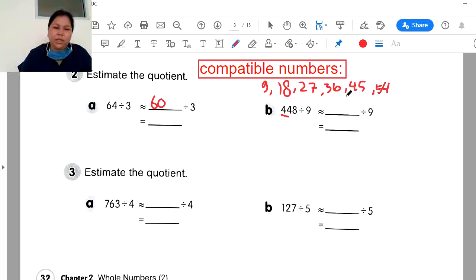Here, between 36 and 45, right? It should be here, 44. Is it closer to 36 or to 45? Of course, 45, right?